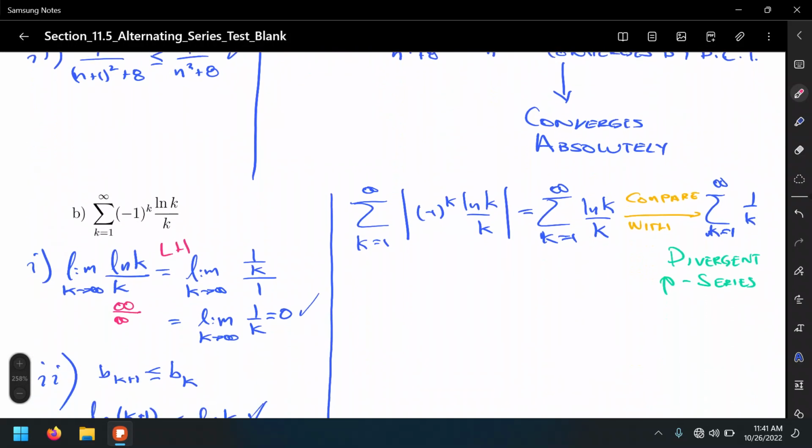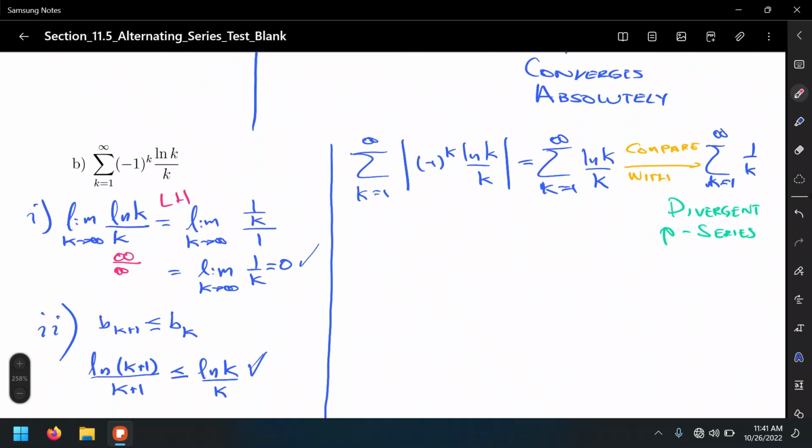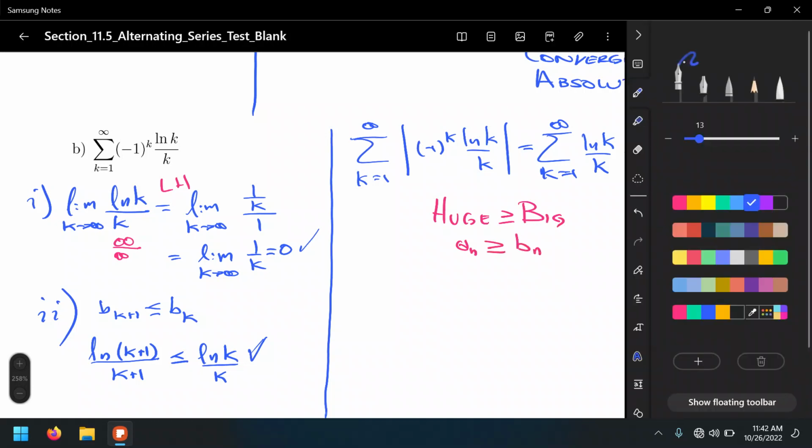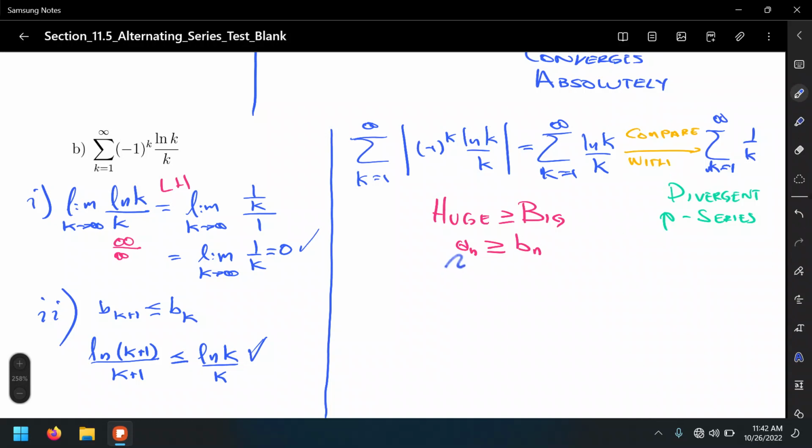But in this case, since we are comparing with a divergent p series, we have to show that huge is greater than or equal to big. That is, the original problem a sub n is greater than or equal b sub n, which in this case is ln of k over k. Is that greater than or equal 1 over k?